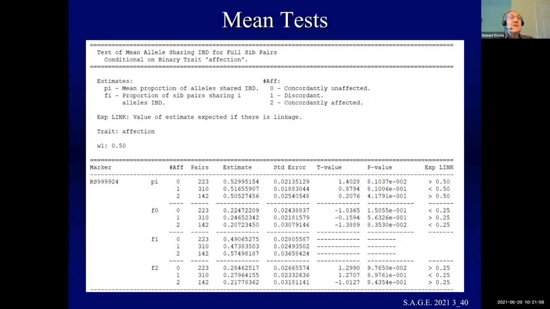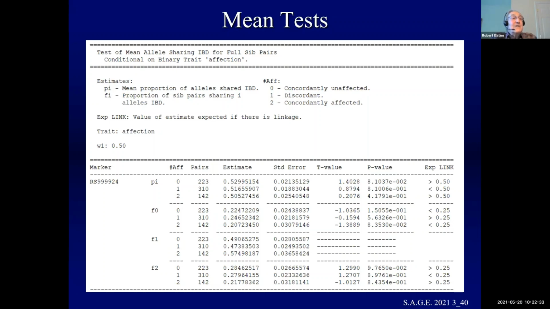And then you can have concordantly unaffected, discordant, or concordantly affected. And you have the trait affection W1. Let me just say, this is the least powerful but the safest option to use. We'll talk a bit more about W1, W2, W3 and W4 later. So this, in a way, is the least powerful but the safest.